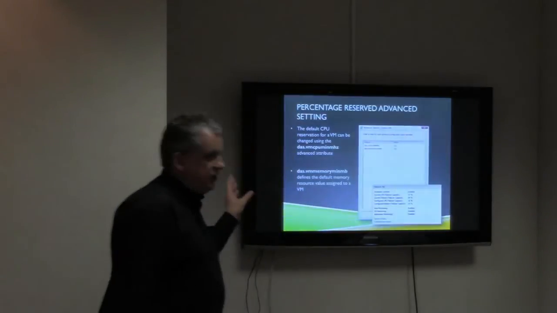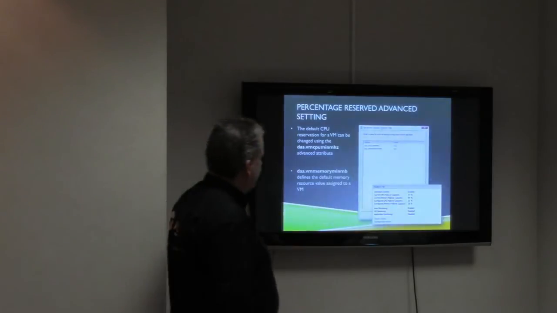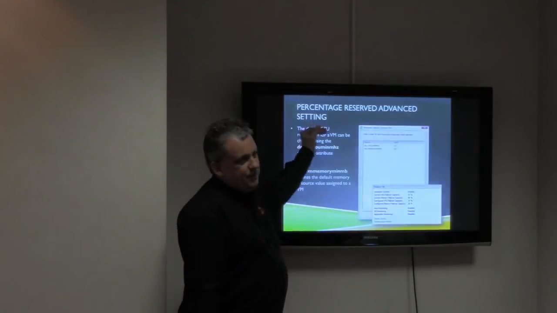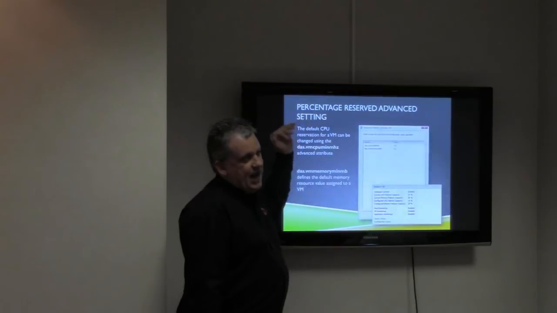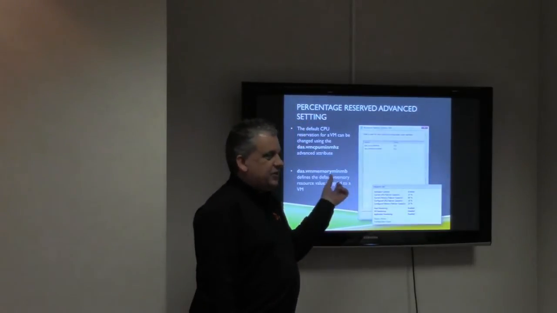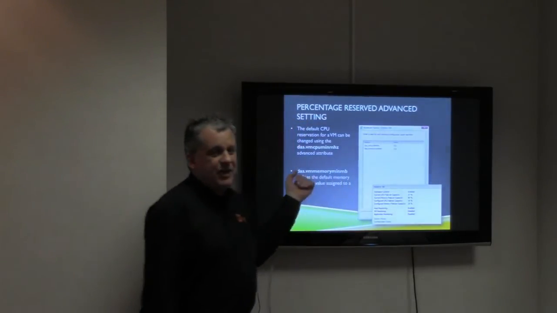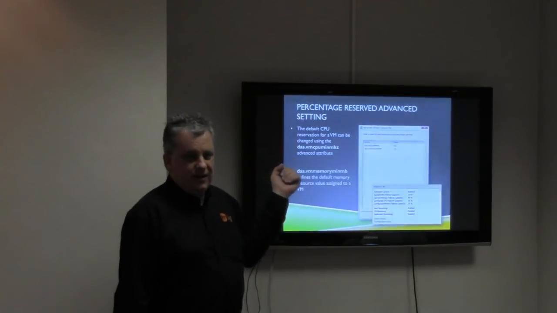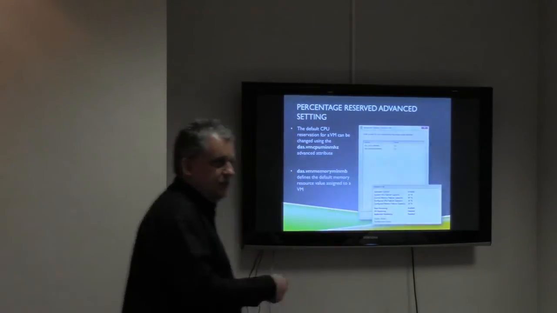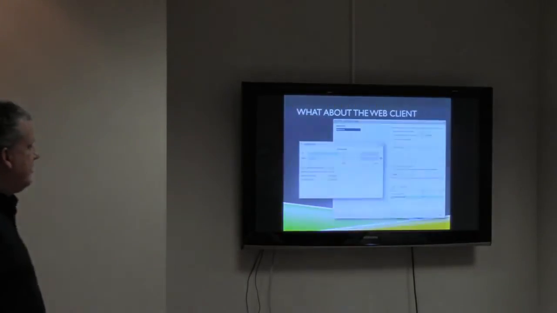So in this case we have a situation where we can use the advanced settings to influence the minimum slot size of a virtual machine and create a reservation on a virtual machine without creating a reservation. Do you get this? Yeah? Cool. Okay.